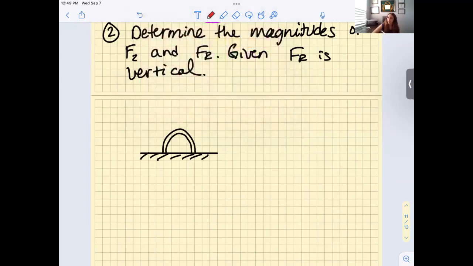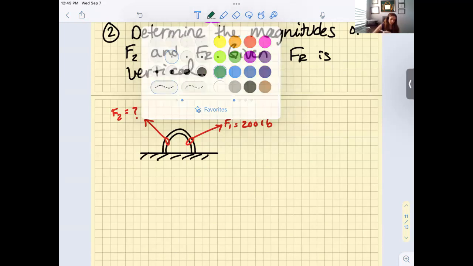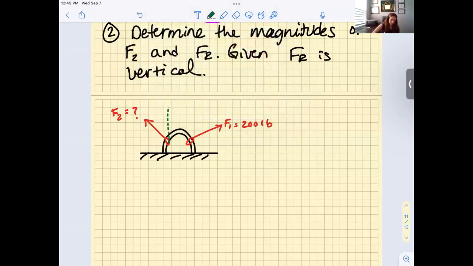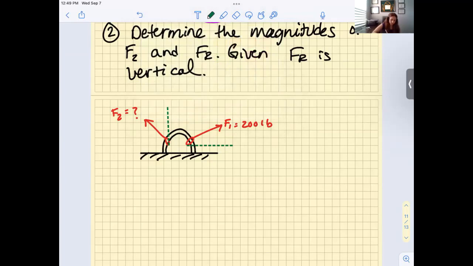You have F1 of 200 pounds. F2, we don't know. But we do know these reference angles. This one's 45 degrees. And this one's 30 degrees.